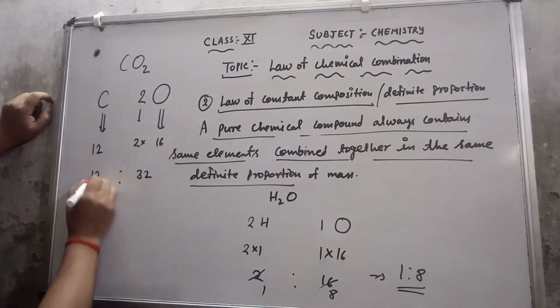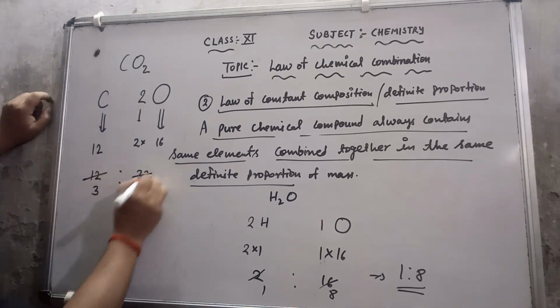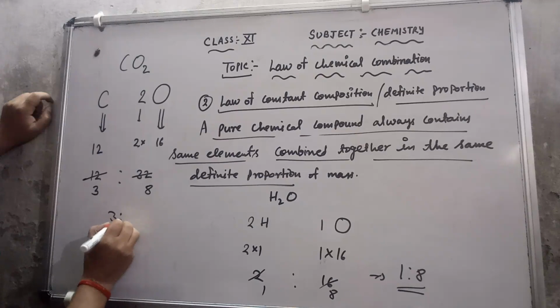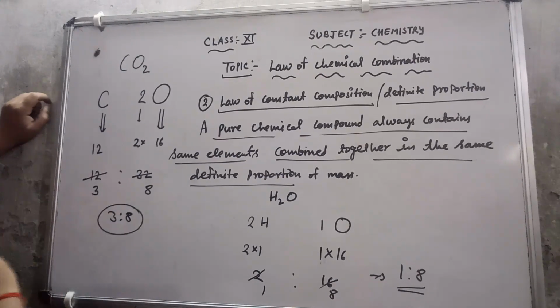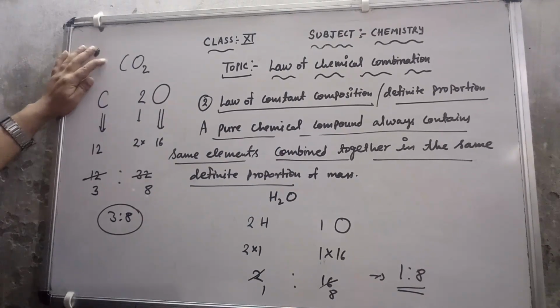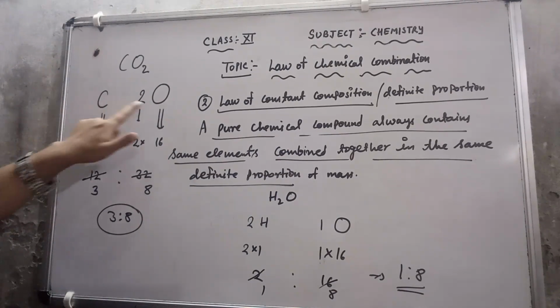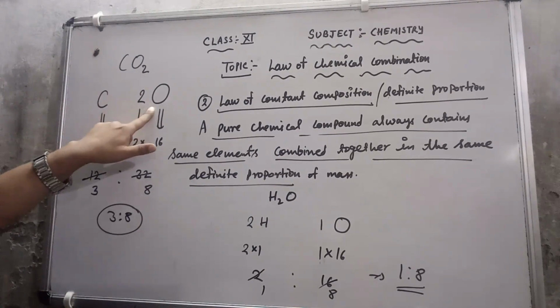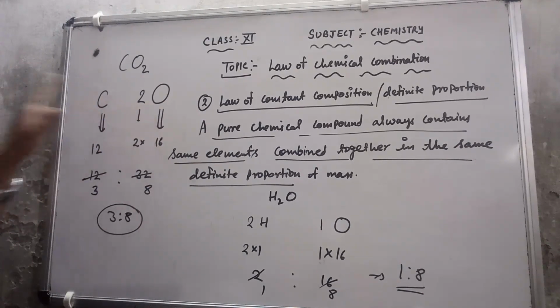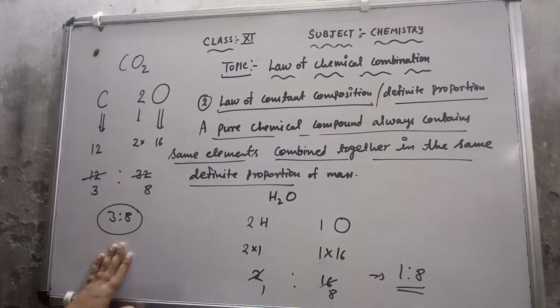If you see their ratio, 4 3s are 12, 4 8s are 32. So the ratio is coming 3 ratio 8. That means again in carbon dioxide, the same two elements, carbon and oxygen, are always combined in the same ratio of mass, that is 3 ratio 8. This indicates the law of constant composition or law of definite proportion.